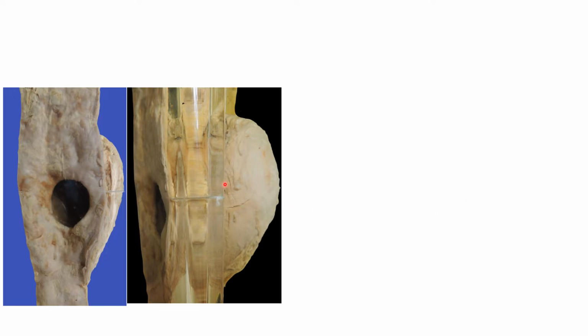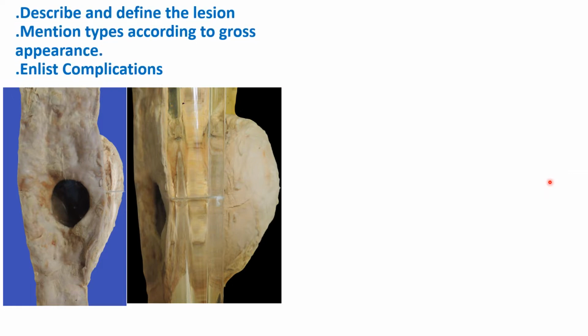So this is the lateral surface. I could not remove this glass rod in the jar. So this is the aneurysm or saccular aneurysm of the aorta. So describe and define the lesion. Mention the types according to gross appearance and enlist the complications. So this may be a short answer question about the aneurysm of the aorta.